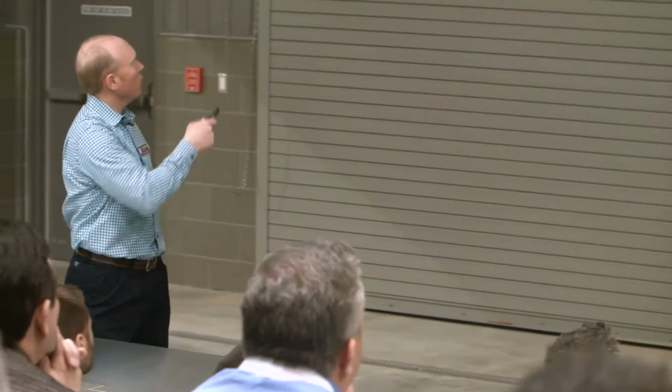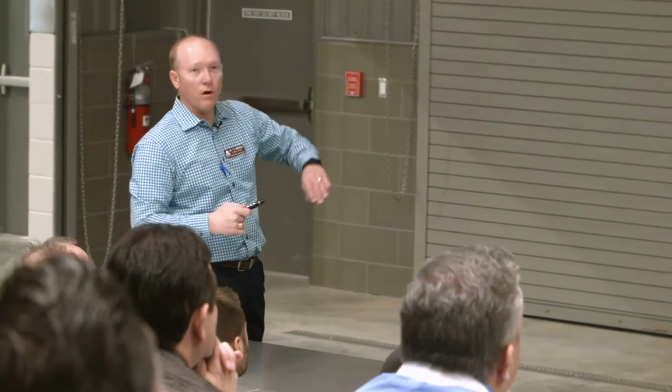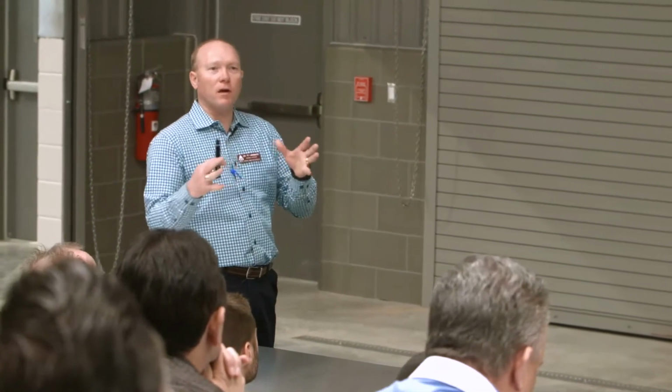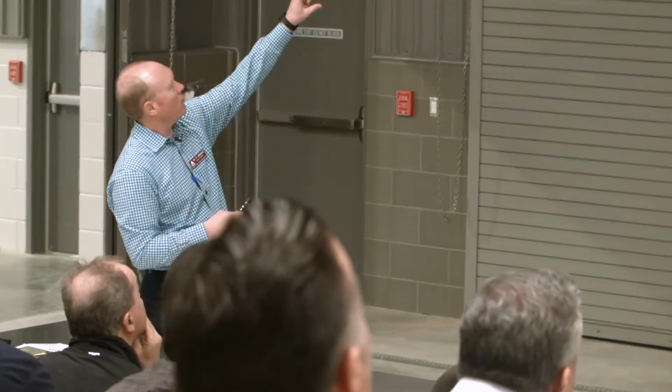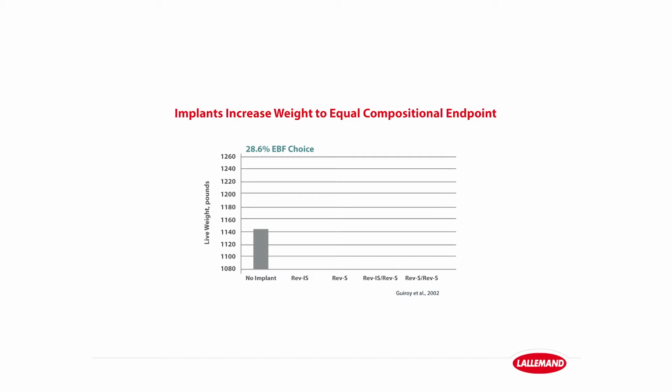Pablo Giroy published a paper a few years ago that really illustrated this very well and tracked it back to implant potency. He illustrated that an animal with no implant, we would call that an NHTC, would achieve 28.6% empty body fat, or choice, at about 1,145 pounds.